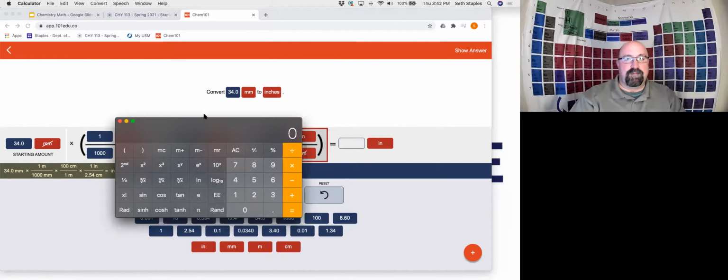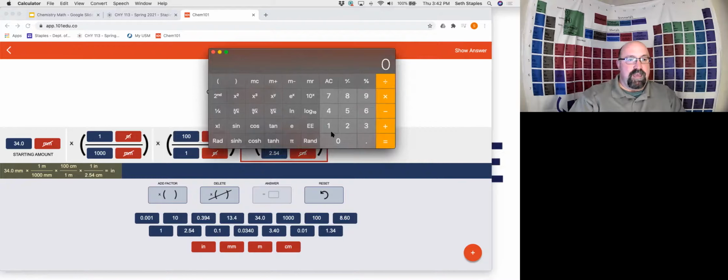I keep forgetting mine, my TI is dead. Everything up top gets divided by everything down bottom. We can use parentheses here to help us out. So everything up top, we have 34. I sometimes include the ones just to help me keep things straight. 34 times 1 times 100 times 1 divided by, now I want to use parentheses for everything down bottom.